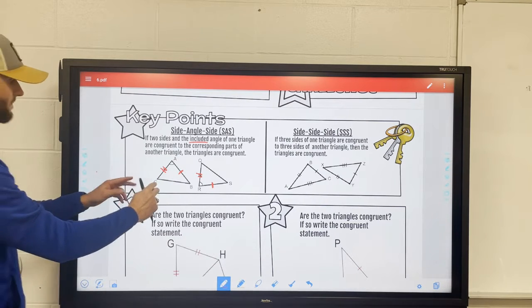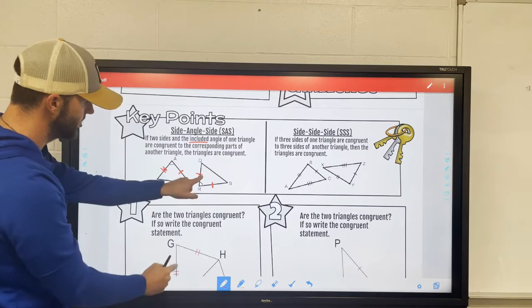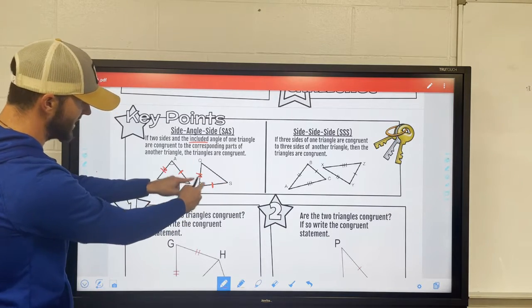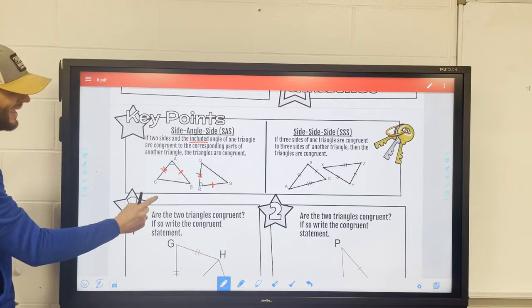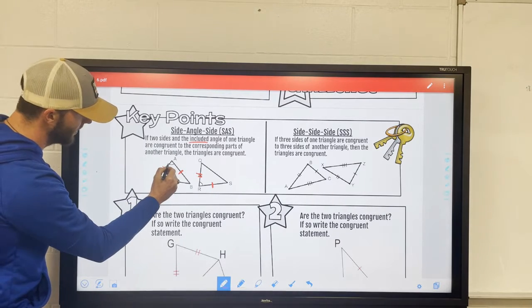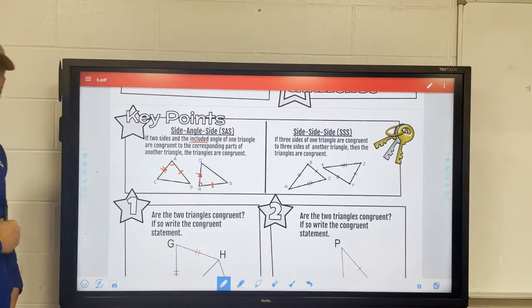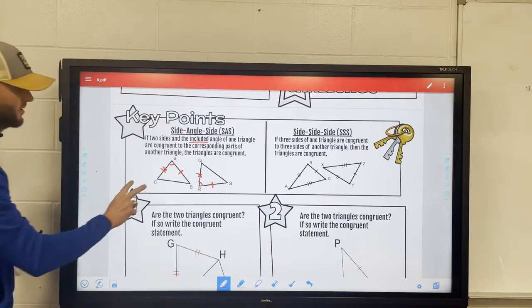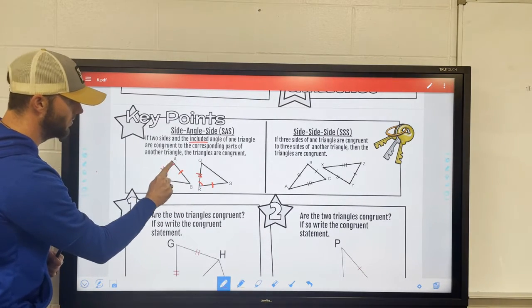So now if you look, 2 mark and 1 mark form angle A, 2 mark and 1 mark form angle R there, okay? And if you look, the angle that is included right here, they are congruent to each other. So again, I have two sides, 1 angle, 1 angle.